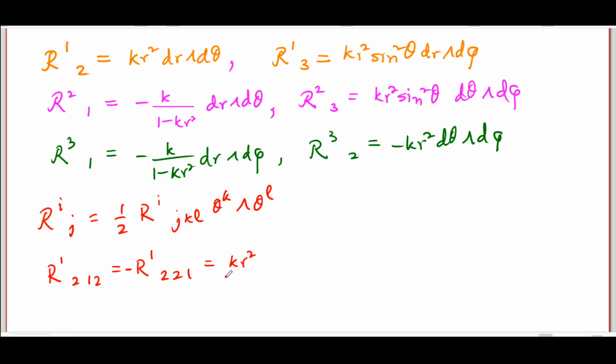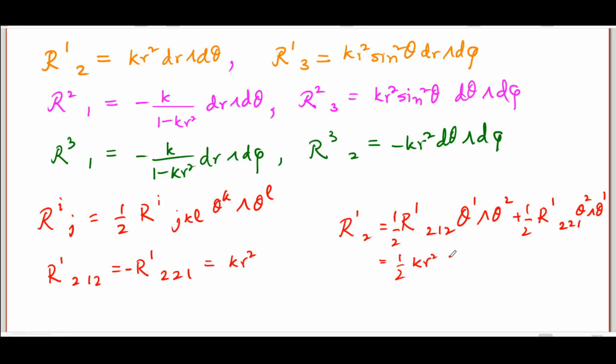When you put both of these together and try to calculate curly R12, for example, what you will get is half R12,1,2 theta 1 wedge theta 2 plus half R12,2,1 theta 2 wedge theta 1. Of course, the k and l are summed over all possible values, but these are the only 2 non-zero terms that we are getting here. And this is going to give you a half kr squared theta 1 wedge theta 2 plus half of minus kr squared theta 2 wedge theta 1. And note that these 2 terms are actually equal to each other, cancelling out the half and giving us back kr squared dr wedge d theta.